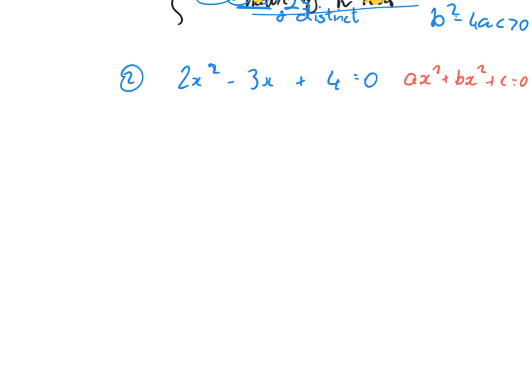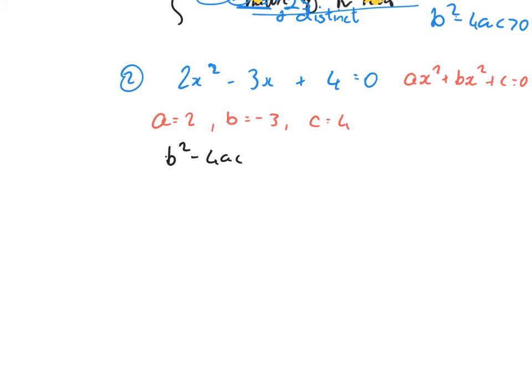So a is equal to 2, b is equal to minus 3, and c is equal to 4. The discriminant is b squared minus 4ac.